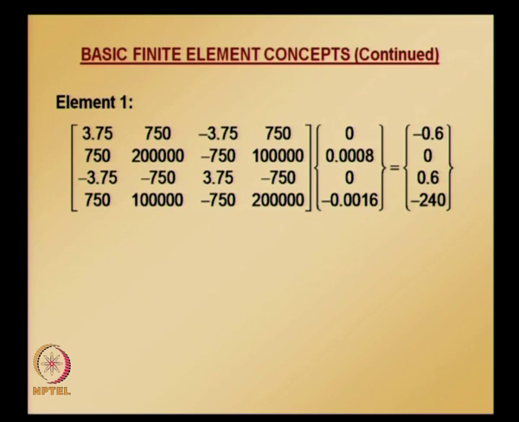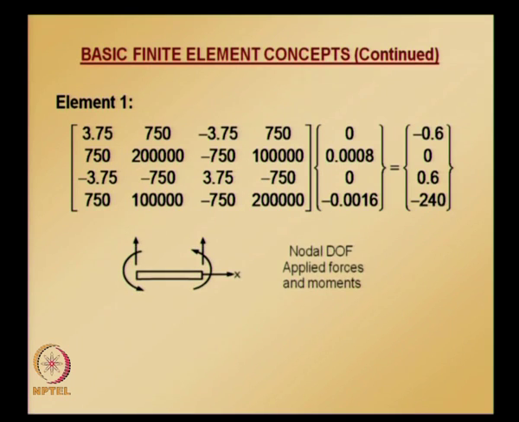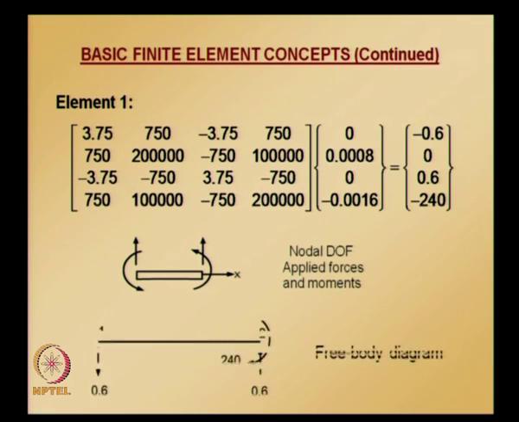Following the sign conventions, whatever we calculated on the right hand side are equivalent to the applied forces and moments. So we need to follow sign conventions corresponding to those. When you show these values of minus 0.6, 0.6, minus 240 on a free body diagram for element 1, it looks like this.